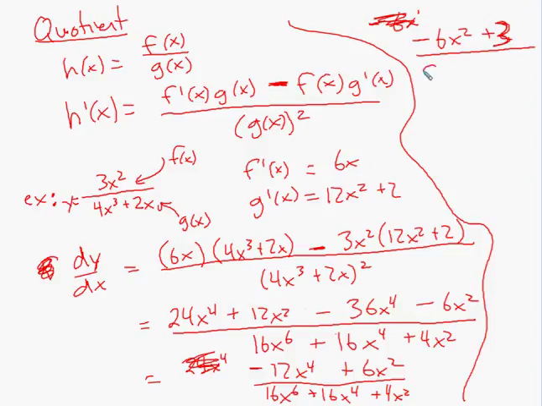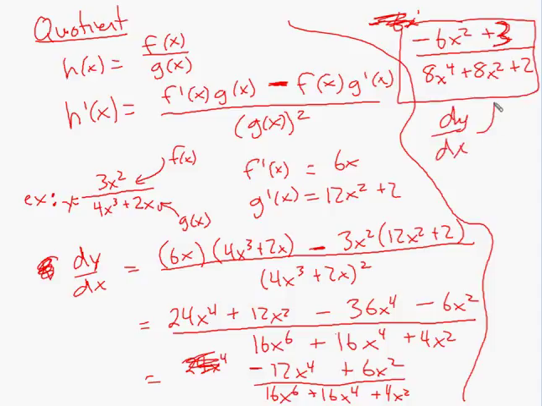Divide the denominator by 2 and an x squared, so 8x to the 4th plus 8x squared plus 2. And that's as far as I can reduce that. That's my derivative. That's dy dx. That's my derivative.